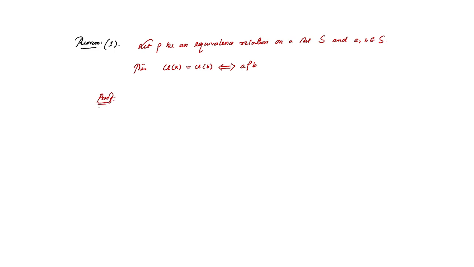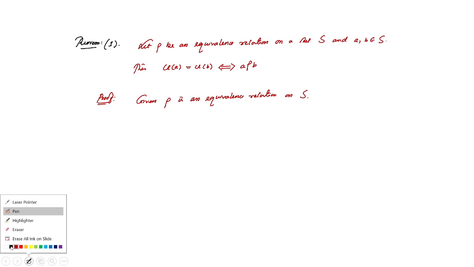How will we prove it? What exactly is given? It is given that rho is an equivalence relation on S. So what will we prove?